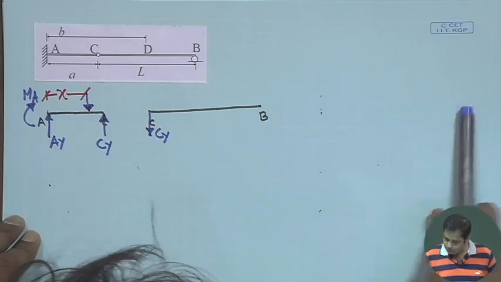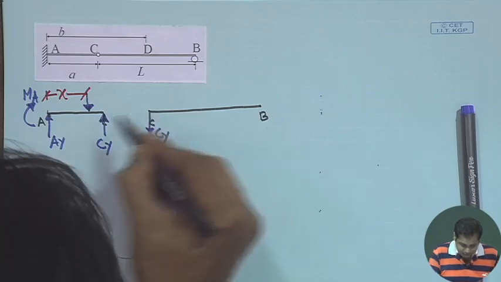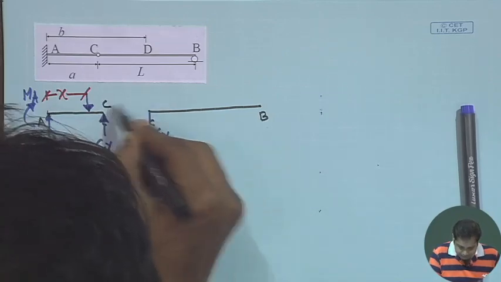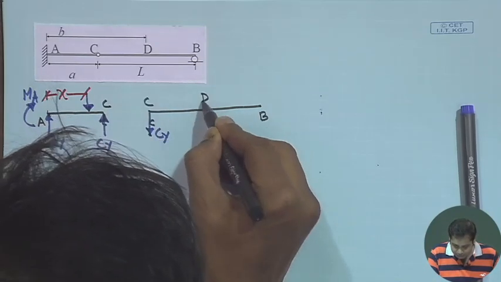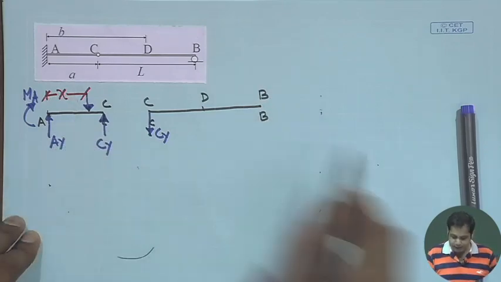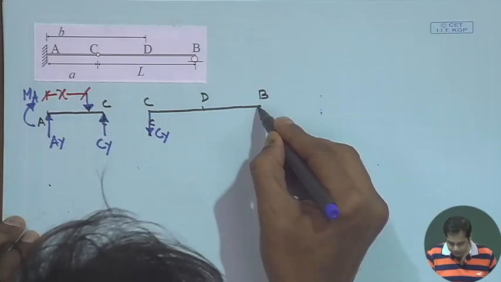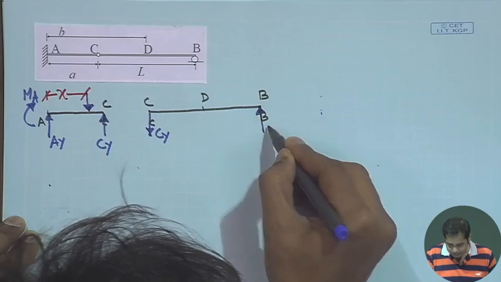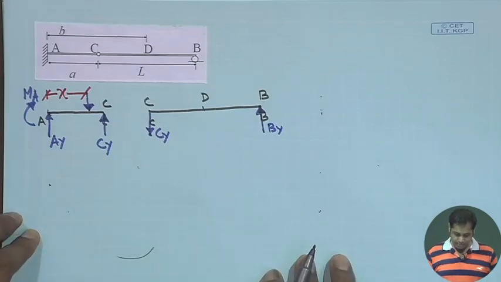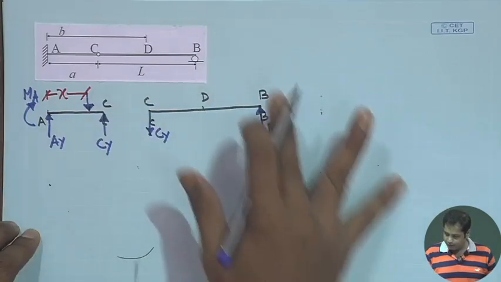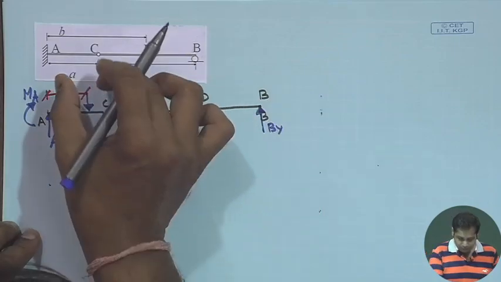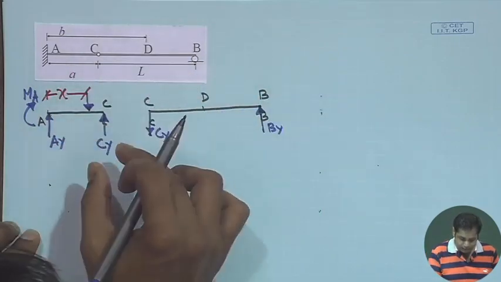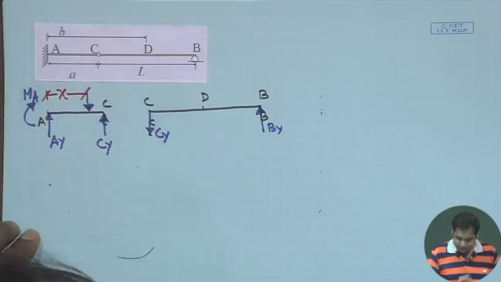So this is A, this is C, somewhere it is D, and it is B, and at B we have another reaction force, that is BY. So this is the free body diagram when the unit load is between A and C.